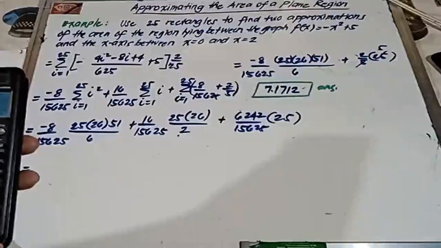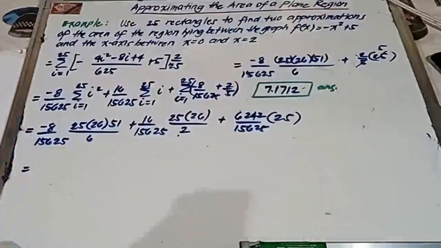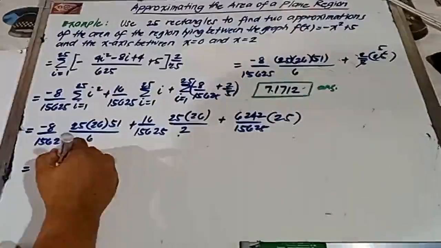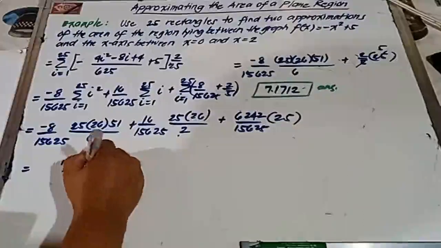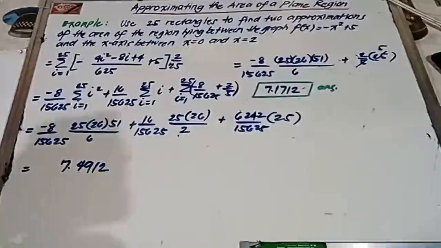So we have 4,682 over 625, that is 7.4912. Okay? So, yan ang ating sagot kapag circumscribe yung ating rectangles.